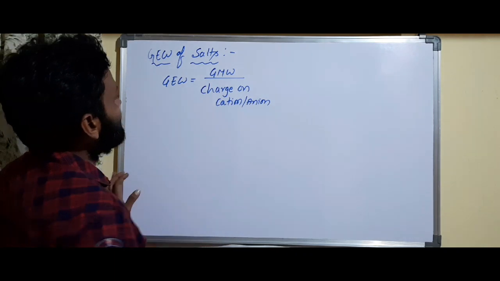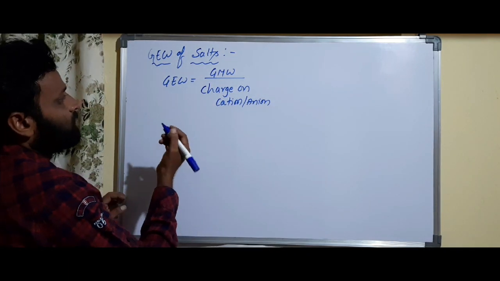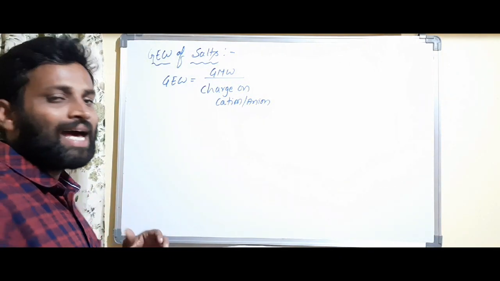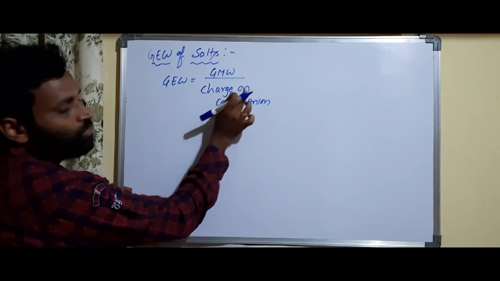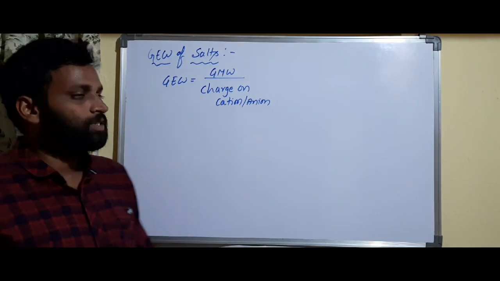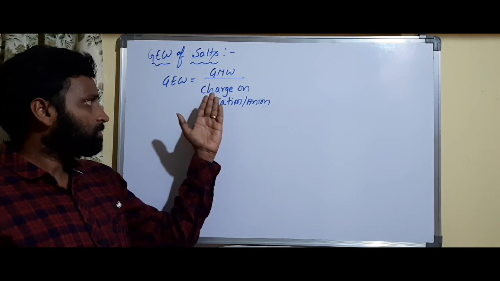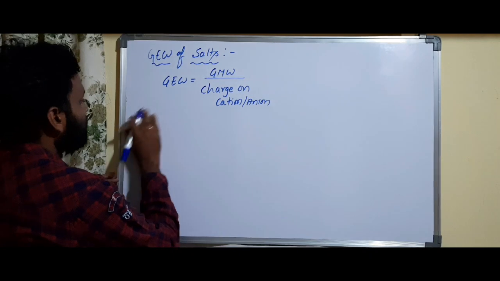Salts have two ions, one is cation and the other is anion. So either the cation charge or the anion charge we have to take in the denominator. So gram equivalent weight of salt is equal to gram molecular weight by charge on cation or anion. That is very important for us.